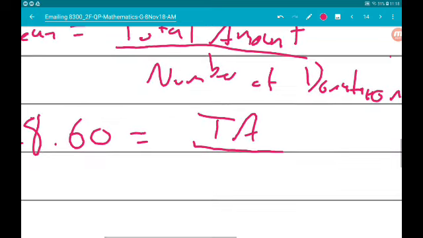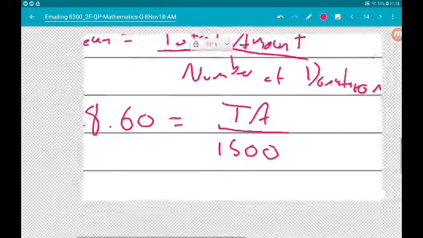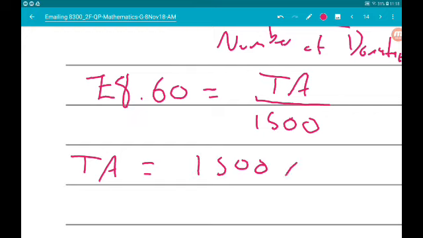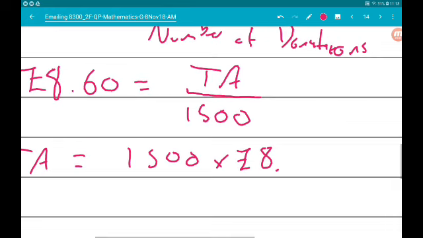So here that's 1,500. So total amount, to move that 1,500, we multiply through by it. So it's going to be 1,500 times £8.60.